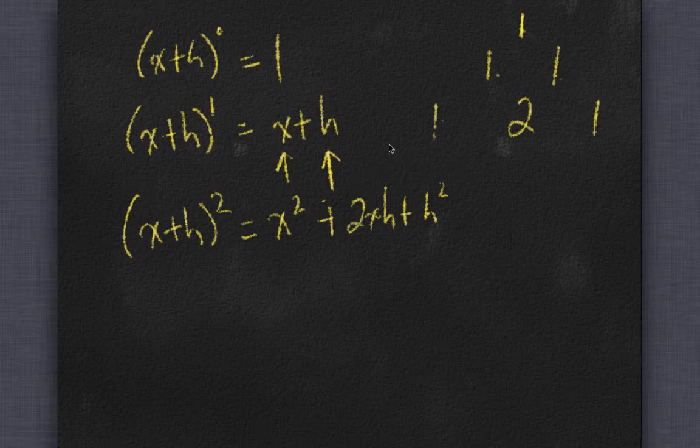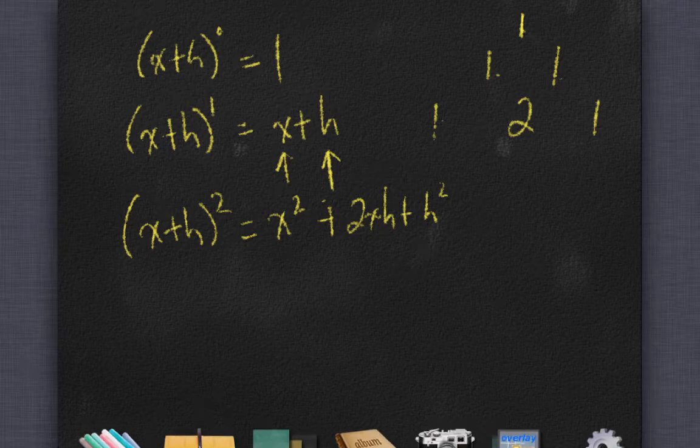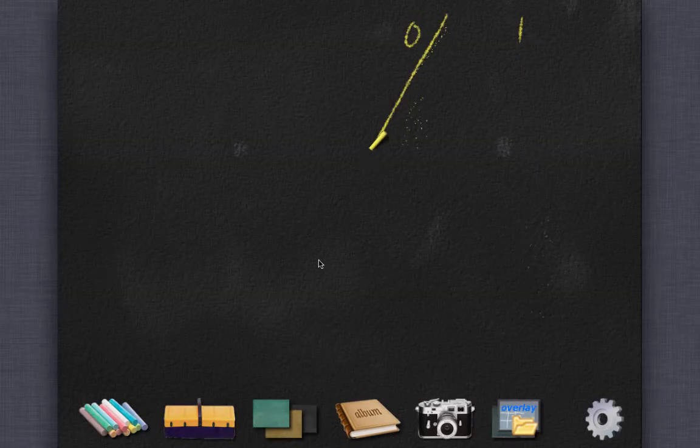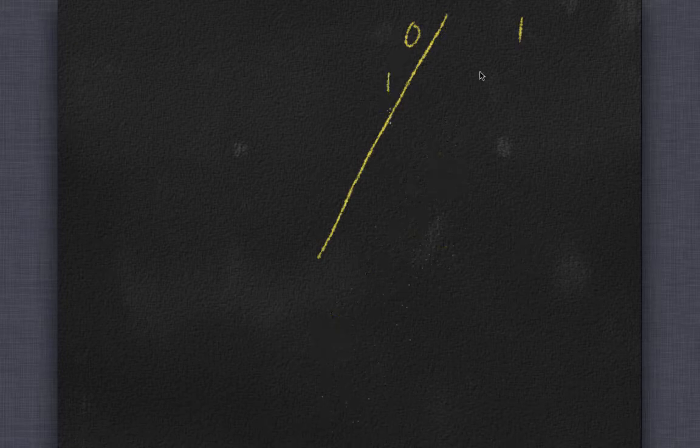So you keep going with this triangle, and this gives you the coefficients for each of these powers. So the first row is the 0th power, so you get 1. To the first power, you get coefficients of 1, 1. Second, it's 1, 2, 1.